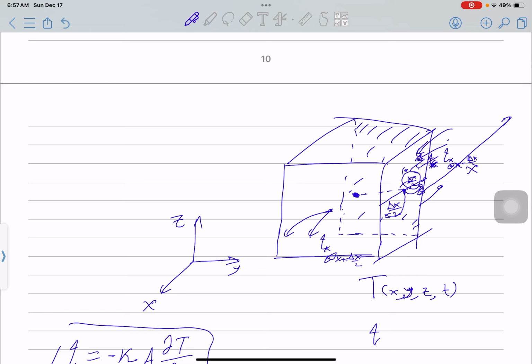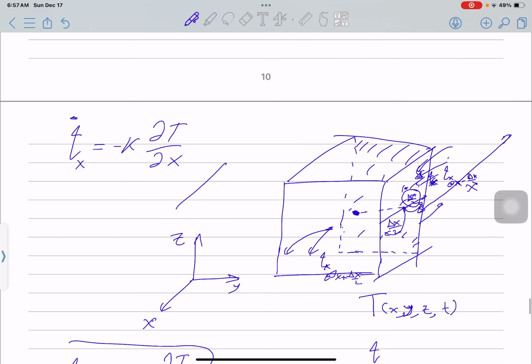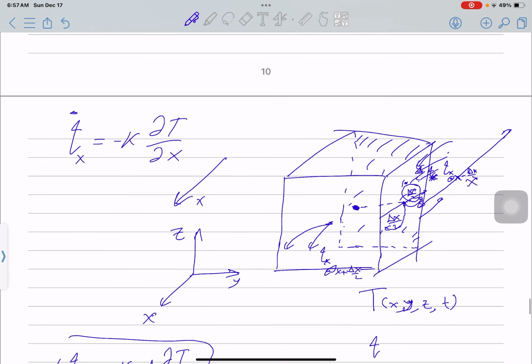We will use the equation that says Qx is negative k partial T by partial x, which gives us the Qx in the positive x direction. If it is negative, it is in the reverse direction, but if it is positive, it is in the right direction. So we assume that it is in the positive direction, and the law will correct it using the gradient of temperature.